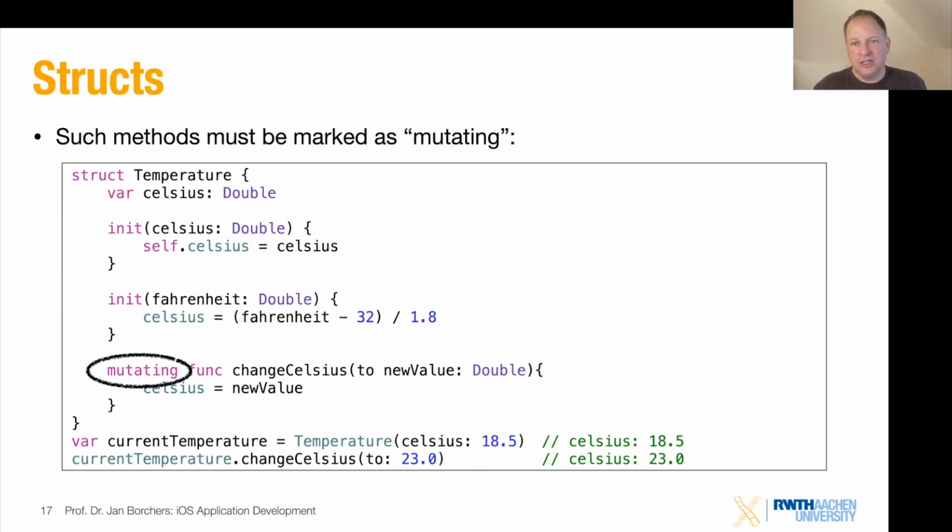So this means that you and anybody else looking at your code can immediately see which functions will actually mess with the content of the struct and which ones won't. Because only mutating functions will actually have the ability to change member variables from inside. So adding mutating in front of this function keyword here allows you to actually change properties.